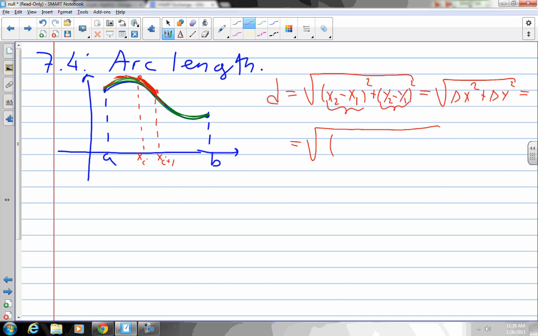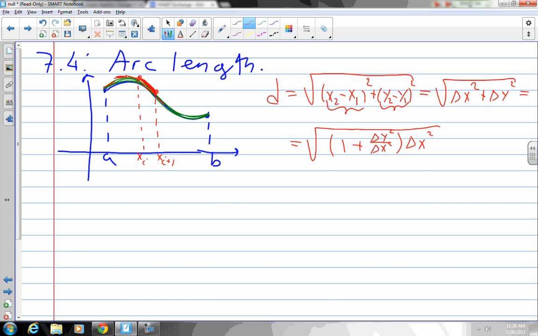I can factor out the delta x squared to get 1 plus delta y squared over delta x squared, with the delta x squared on the outside. The way you factor, you just divide both terms by whatever you're factoring, so delta x squared becomes 1, and you get a denominator of delta x squared, right?